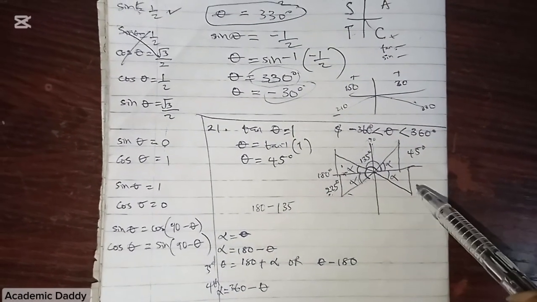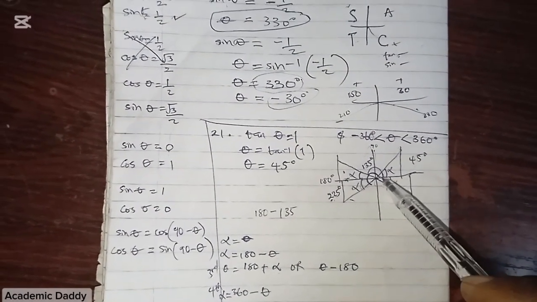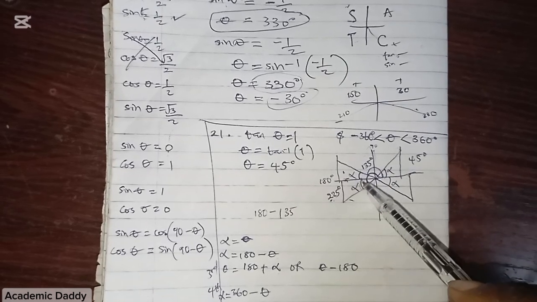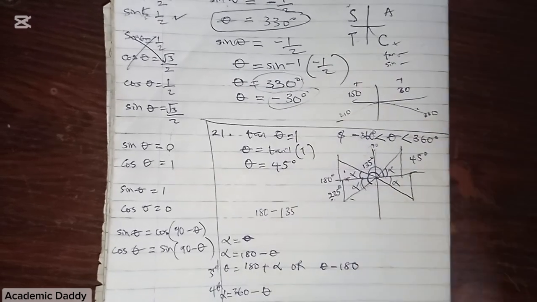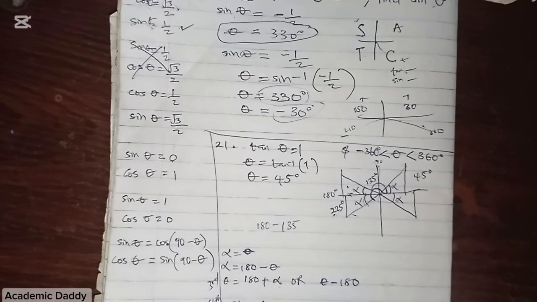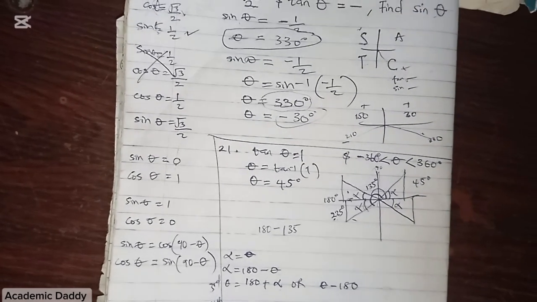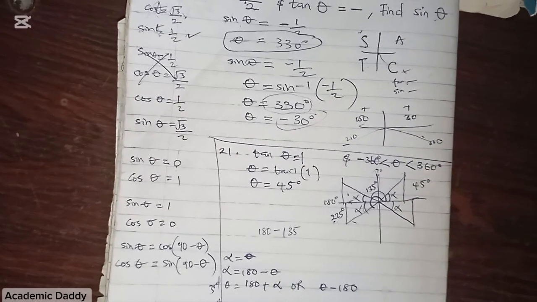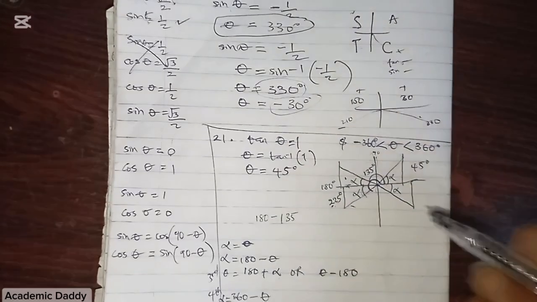So notice something. If I'm moving this way, I've gotten 225. So by the time I come to this place and do 360 minus 45 degrees, 315.